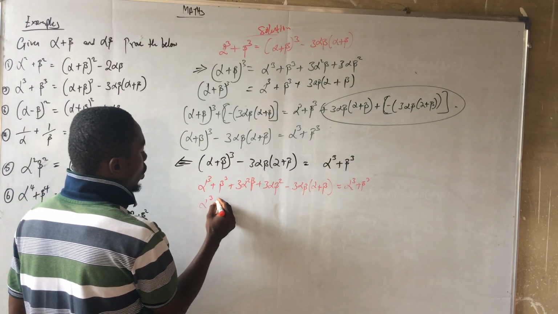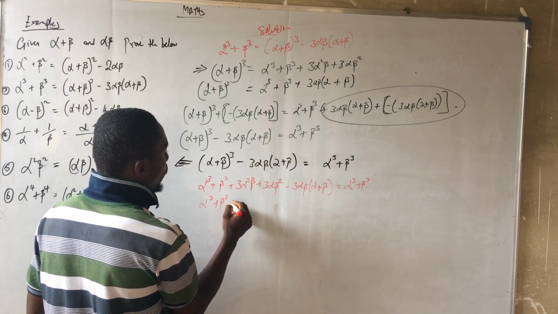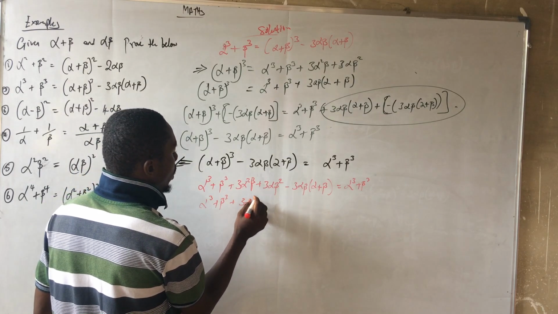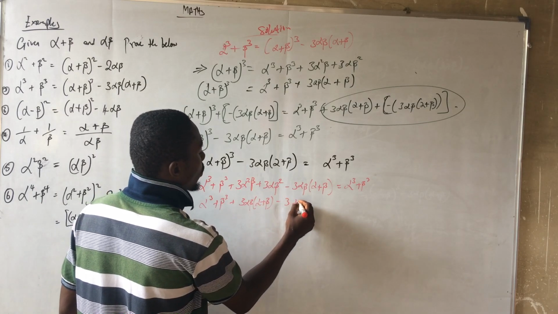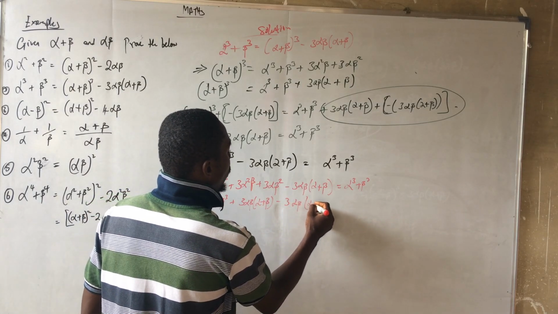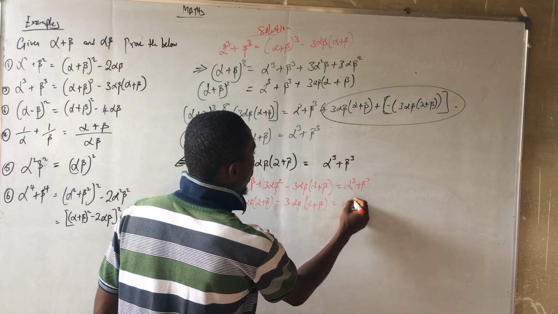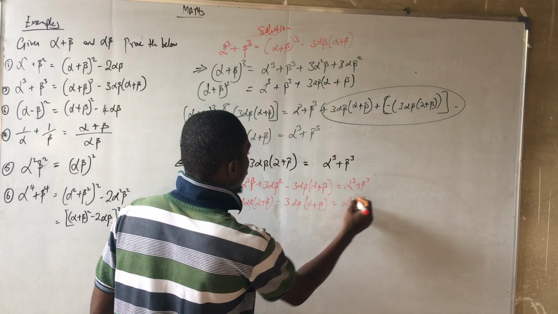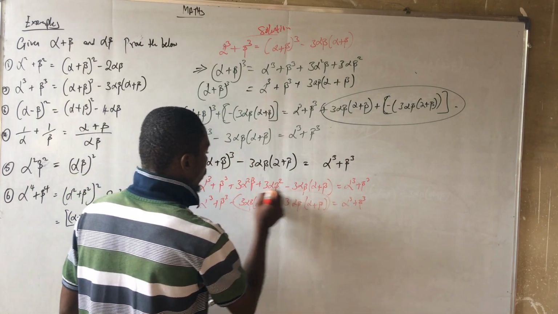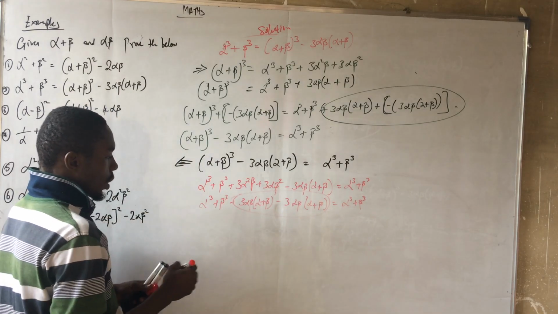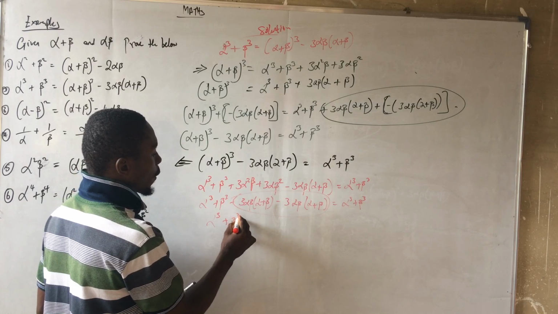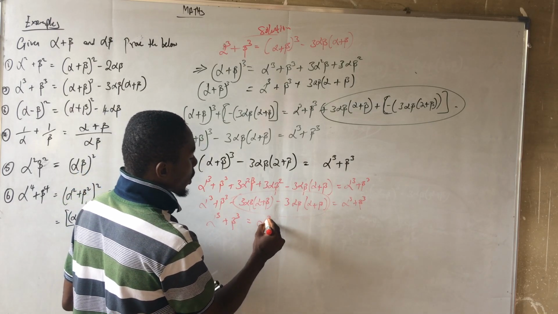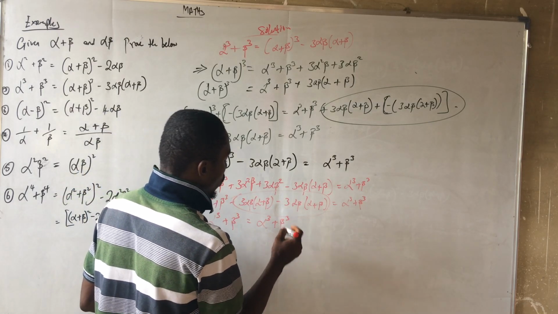This is alpha cube plus beta cube plus 3 alpha beta (alpha plus beta) minus 3 alpha beta (alpha plus beta) equal to alpha cube plus beta cube. So now this is going to take care of this. That will equal 0. So now this is going to give me alpha cube plus beta cube to be equal to alpha cube plus beta cube.